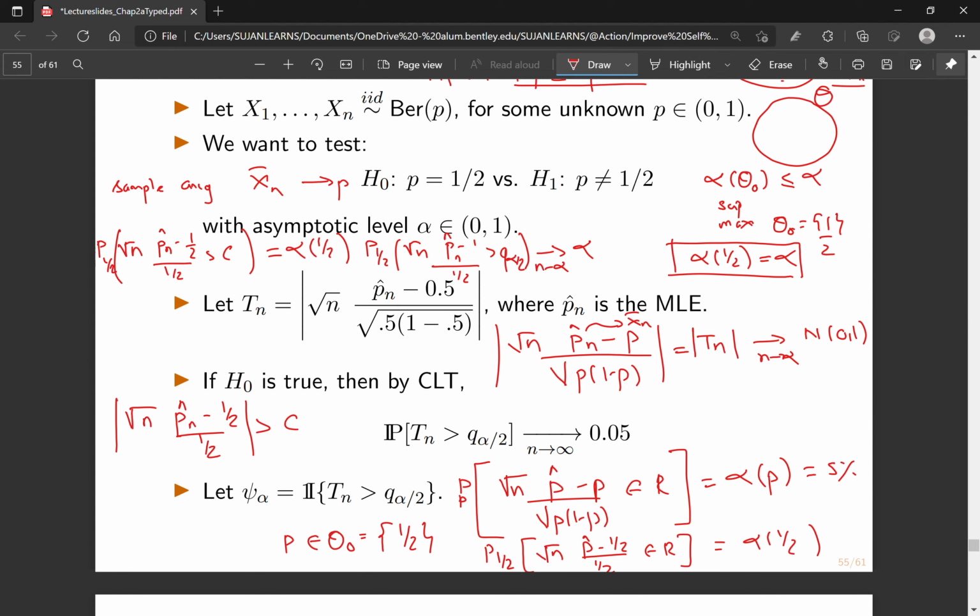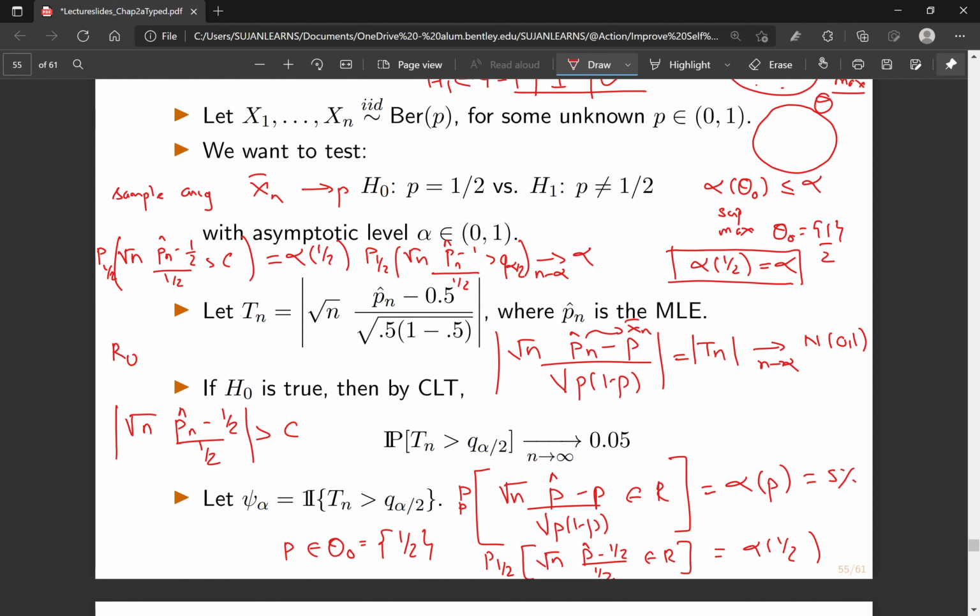That means the rejection region for the test is where our Tn is greater than q alpha over 2. That is, all the data points where my test rejects, or the test fails, make up my rejection region.